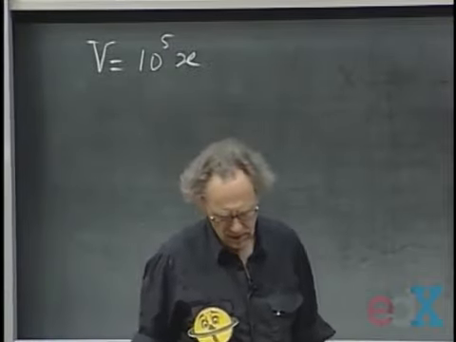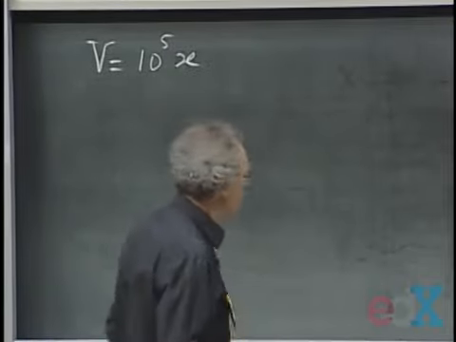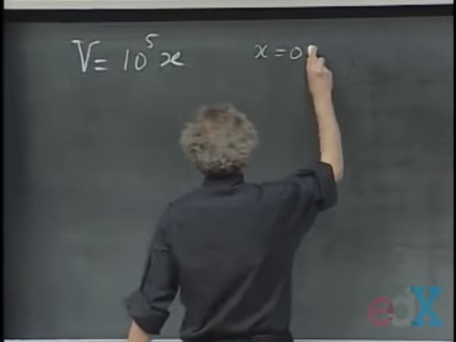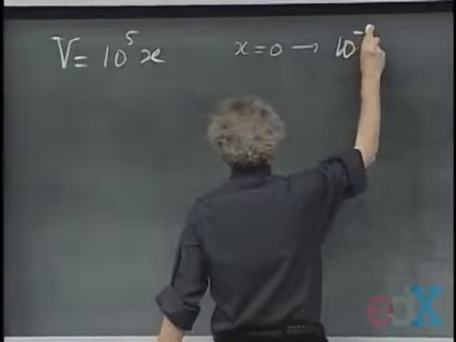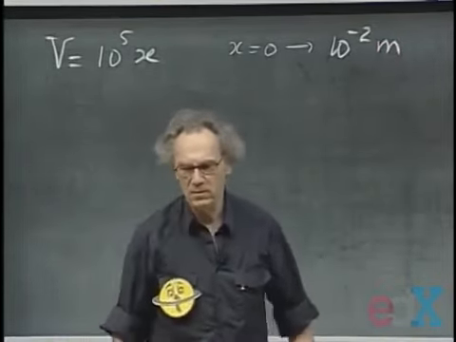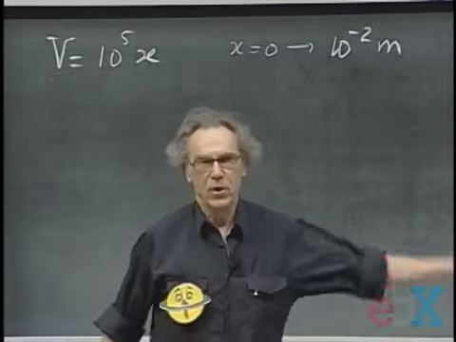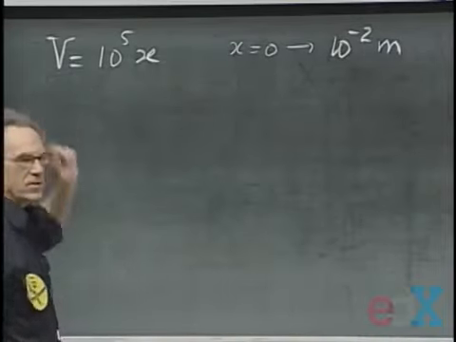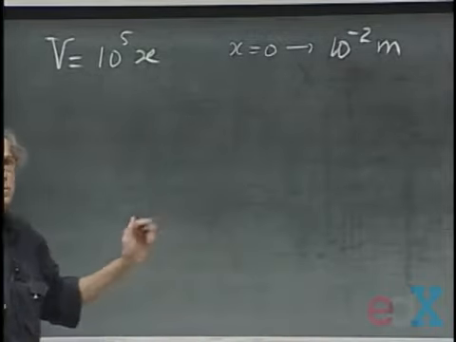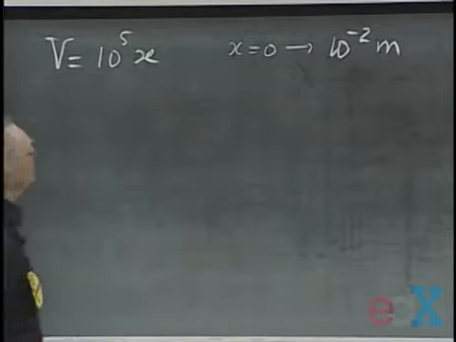So that is a given. And this holds between x equals 0 and, say, 10 to the minus 2 meters. So it holds over a space of 1 centimeter. So the potential changes linearly with distance. What now is the electric field in that space?